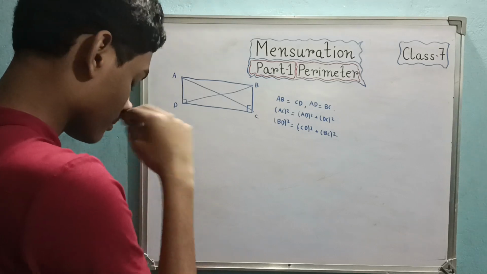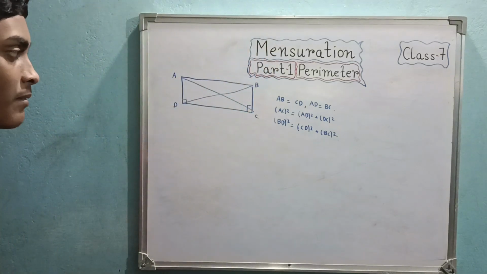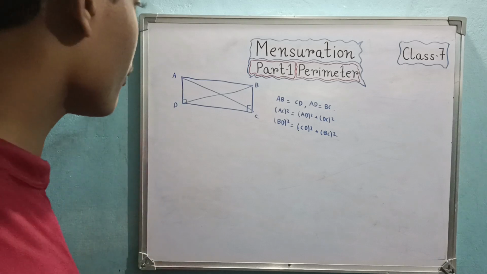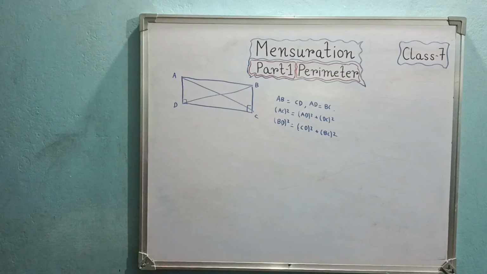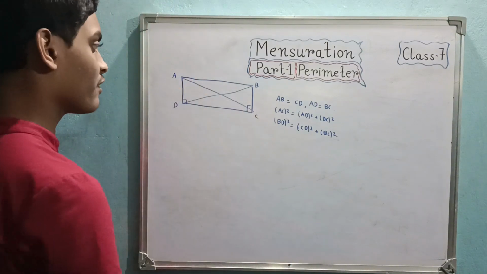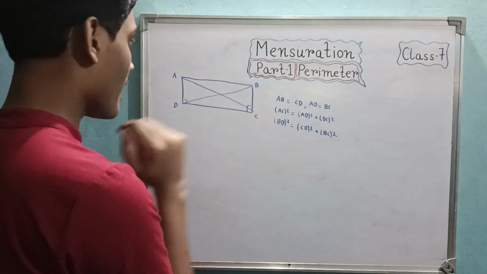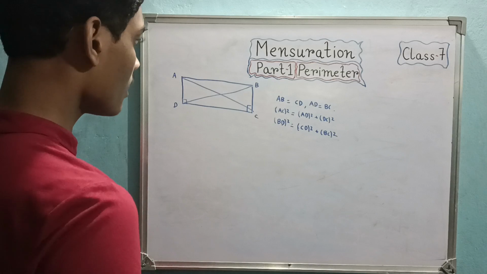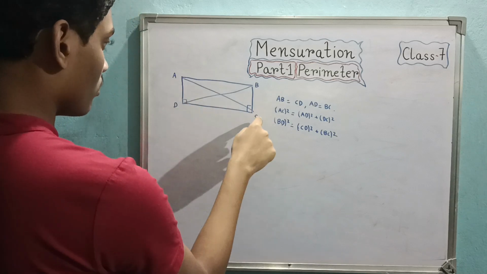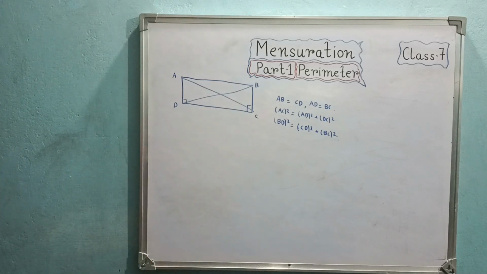Similarly, I'm not well actually, that's why I can't speak loud, but still I'm trying. It has two diagonals as well, AC and BD. For any rectangle, there will be two diagonals. For any of the diagonals, if you just draw one, you will get a right angle triangle. And for the diagonal that gives you a right angle triangle, the diagonal square equals the base square, which is here DC, plus the height AD square.